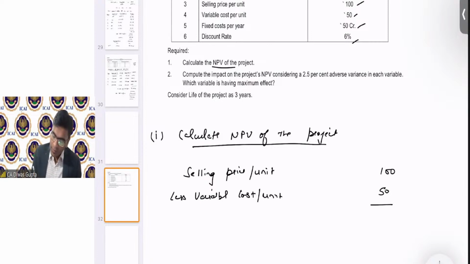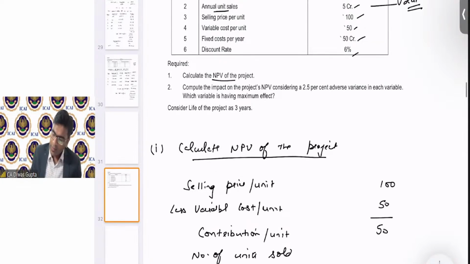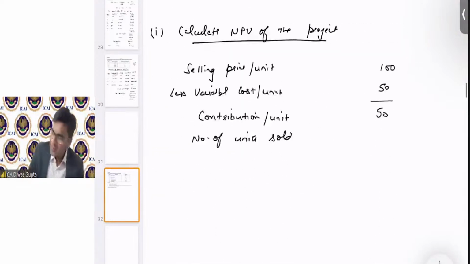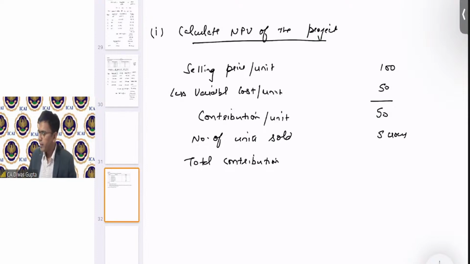So the contribution per unit is 50. And the number of units sold is 5 crore. So the total contribution will be 50 into 5, which is 250 crores.